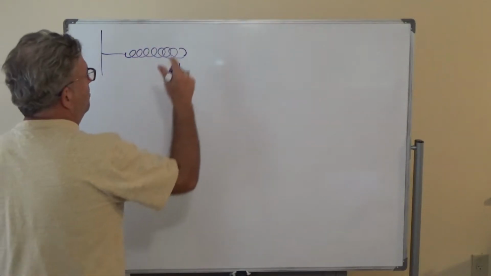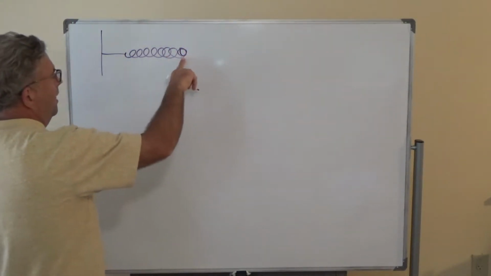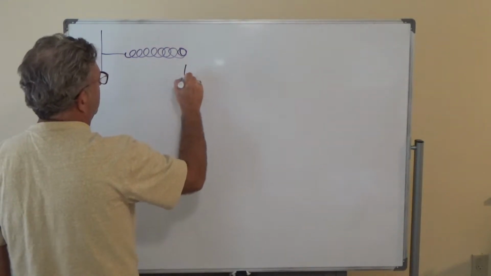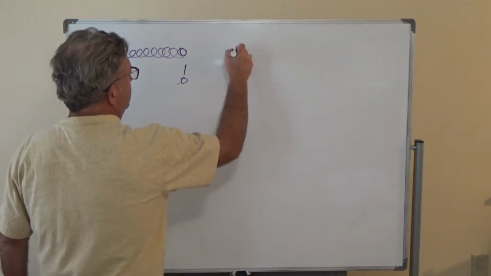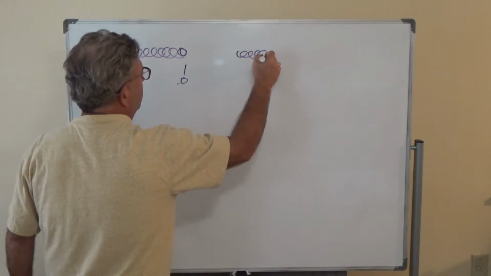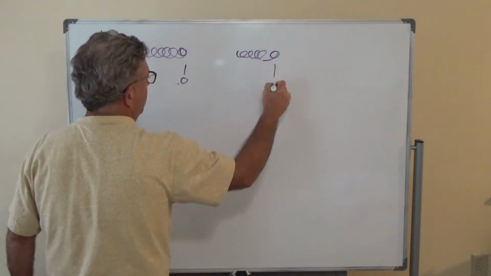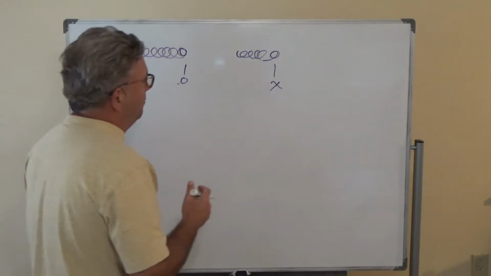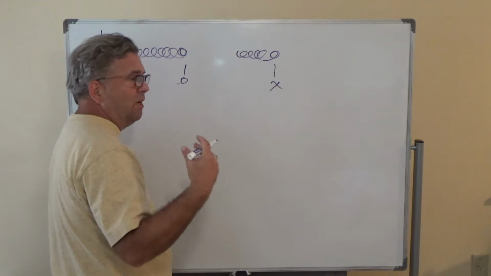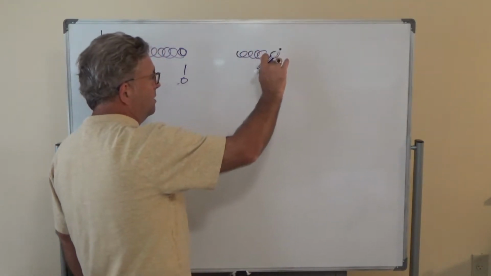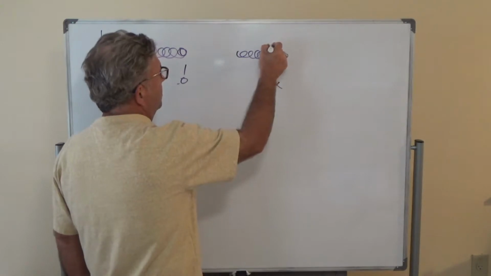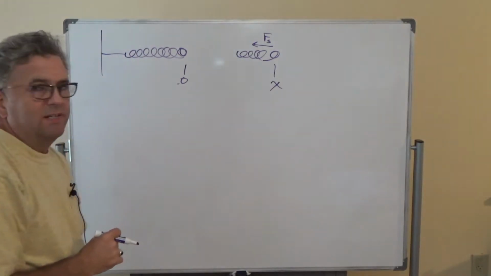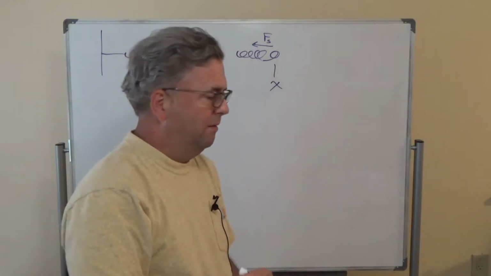So here's some 0 point, and here's some little loop at the end of the spring. If you displace this spring by some distance x, then that spring has a force. I realize there's some external agent that's having to displace the spring, but if you displace it this distance x, there's some spring force that is in that direction, okay?